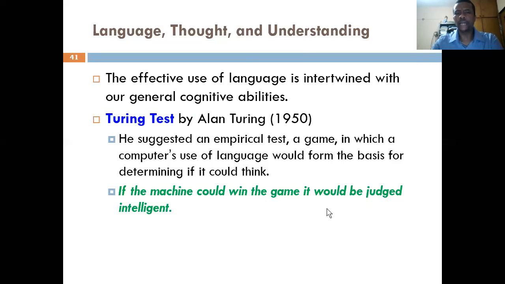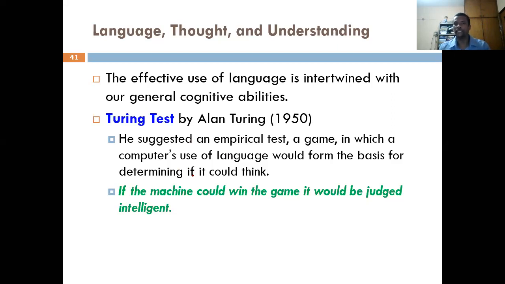Okay. The idea that we have here is how do you judge if something is intelligent? That's what is happening in our mind, right? For this, we have the Turing test. The Turing test, which was done in 1950, asks how can we judge whether a machine or a program is intelligent or not? For that, Alan Turing came up with a test.